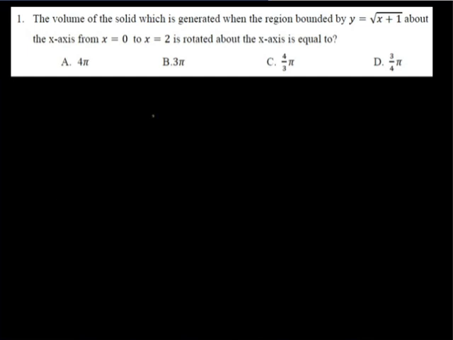The first one: find the volume of the solid which is generated when the region bounded by y equals radical x plus 1 about the x-axis, from x equals 0 to x equals 2. So we are asking for the volume of an object generated by revolving a certain function f, y equals radical x plus 1.